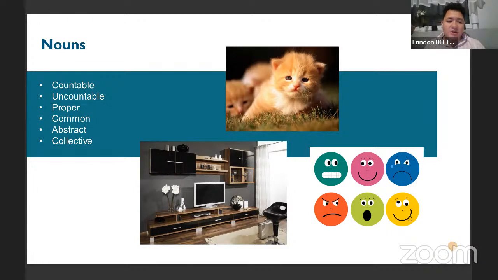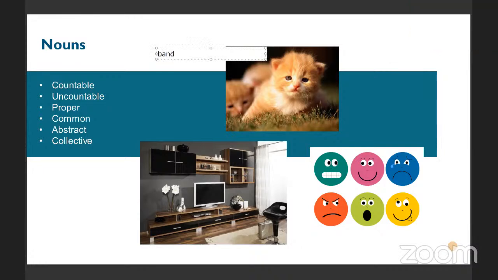Okay, so these are collective, because even though, let's say band. Do you think band is plural or singular? Singular, exactly.